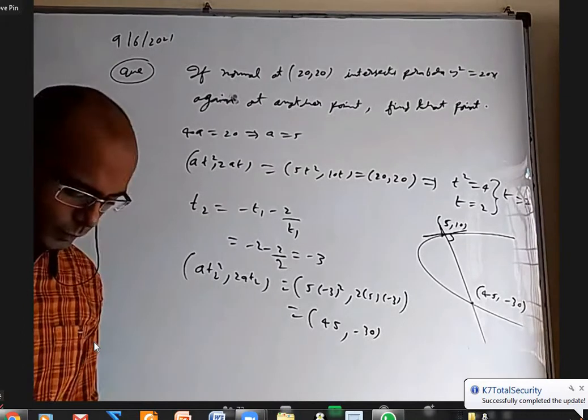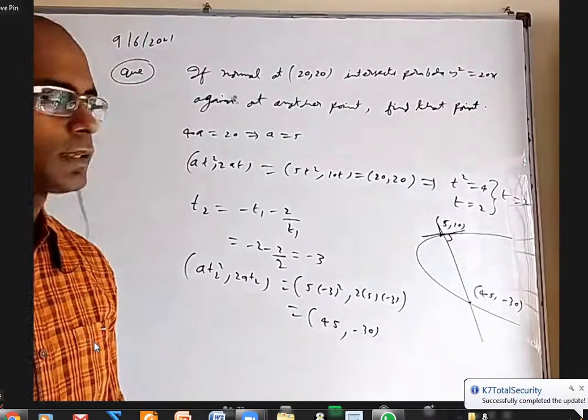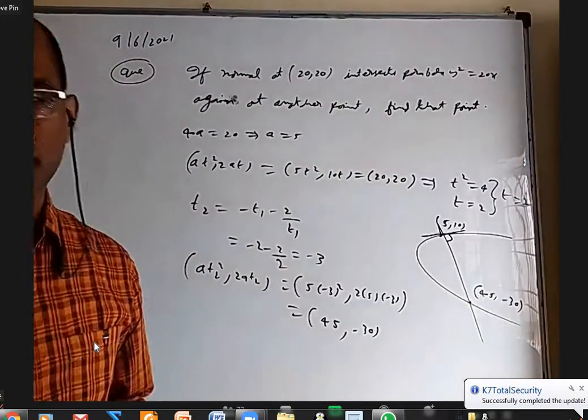Okay, nothing great. If we take normals at 2 points, they will somewhere intersect. Sometimes they can intersect on the parabola itself. That's all.